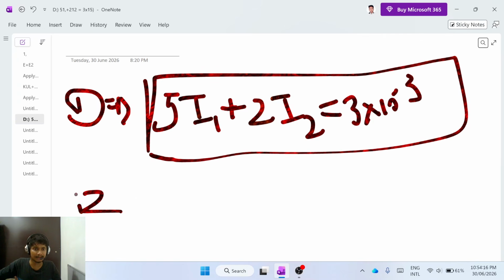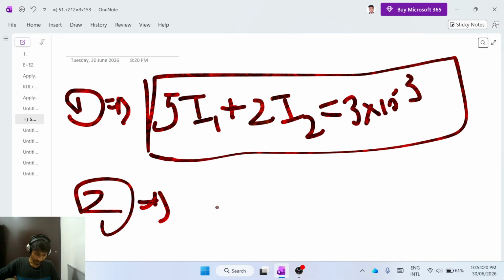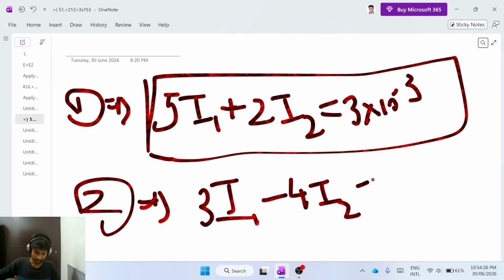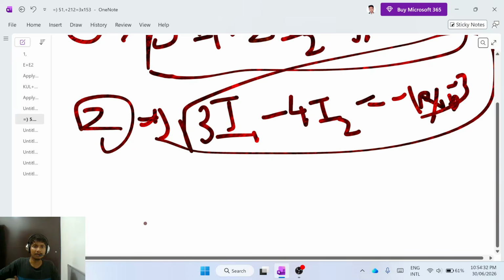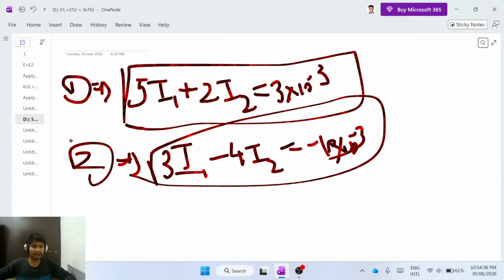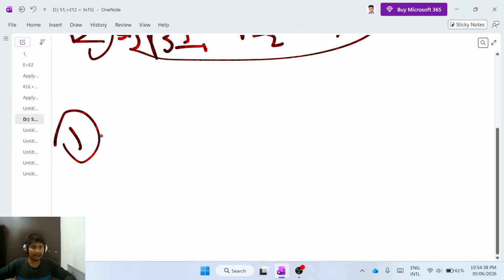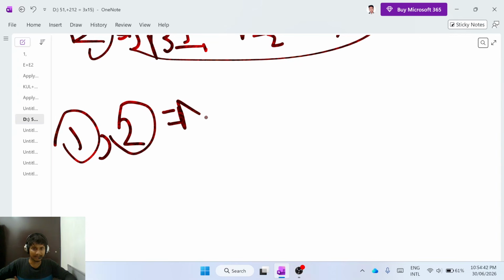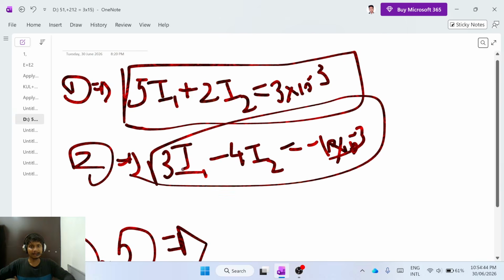The second equation is 3I1 minus 4I2 is equal to minus 1 into 10 to the power minus 3. This is very simple. Using the first and second equations, you can find I1 and I2.